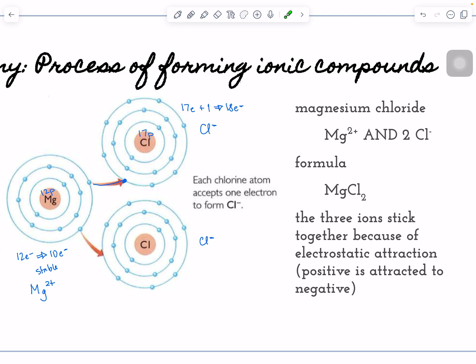So therefore, I need 1 magnesium, 2 chlorines, so that I will have a +2 and then a -1, -1. That will then give me a neutral compound. Again, the 3 ions stick together because of electrostatic attraction, positive attracted to negative.